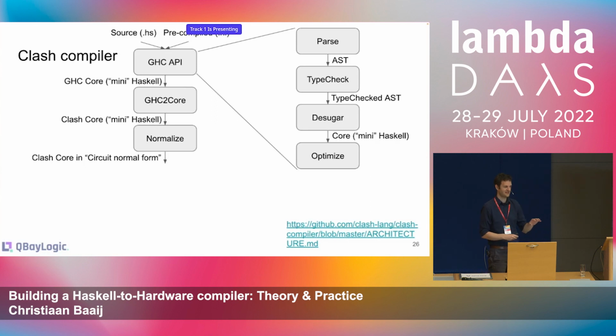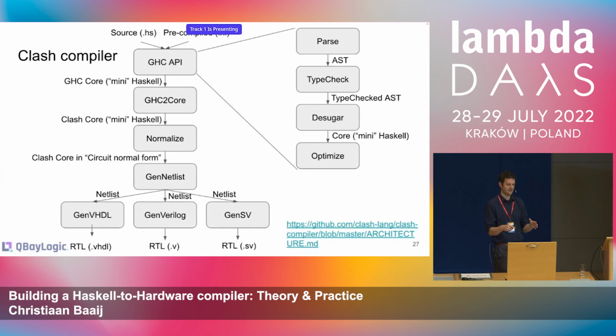It translates this mini Haskell to a version of mini Haskell that's trivially translatable to a circuit. So the translation to the circuit normal form is the non-trivial part, where normal form means trivially translatable to a circuit.